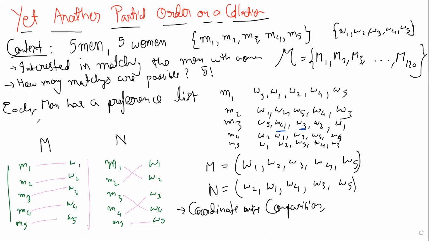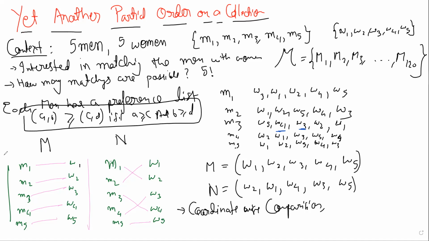Just like if you have pairs of numbers, you may introduce this order. You may say this if and only if A is bigger than C and B is bigger than D. You can put this order, right?